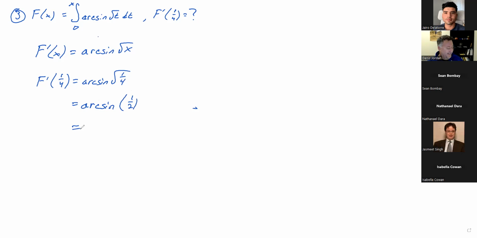Maybe not that one. Pi over 6 then. Is it pi over 6? Yep, 30 degrees. If it was arc sine of root 3 over 2, that would give you the pi over 3. Okay, that's not too bad. Thank you.